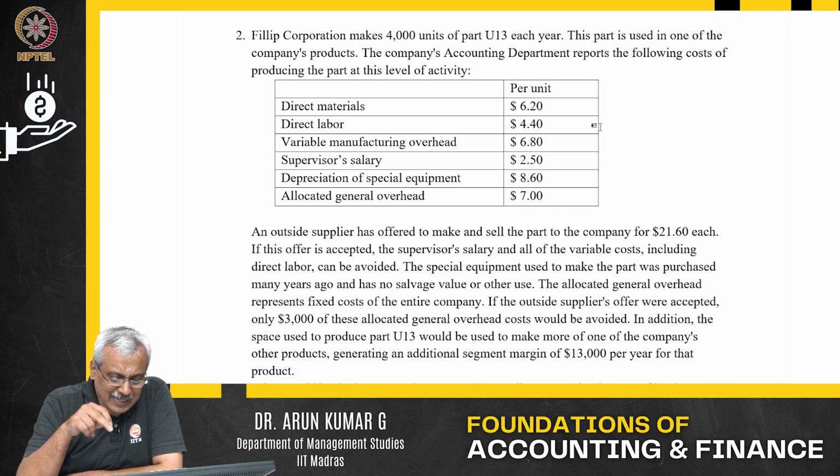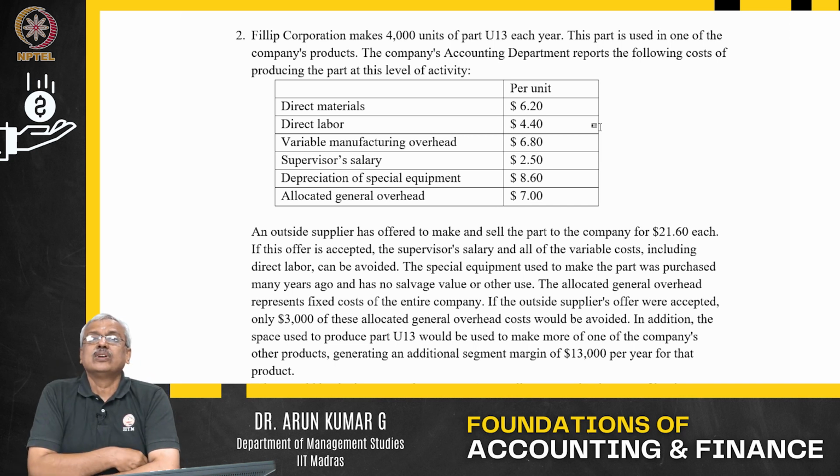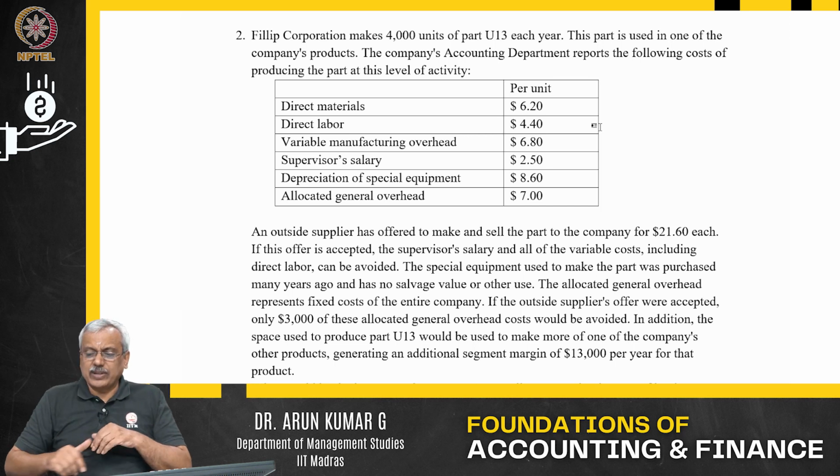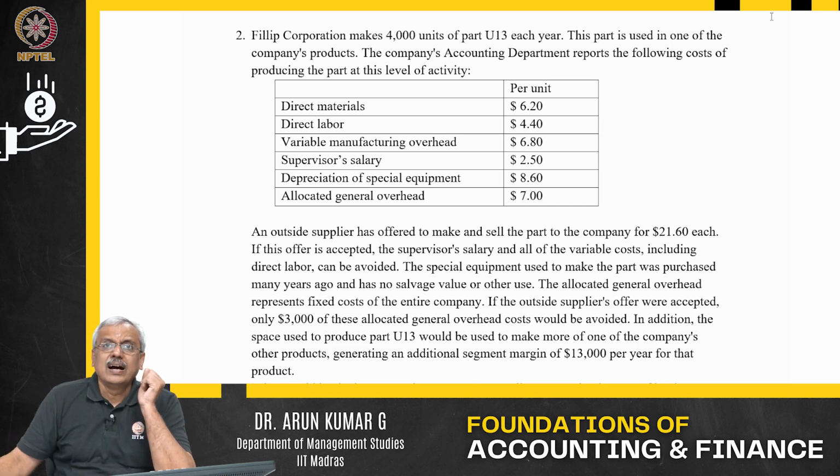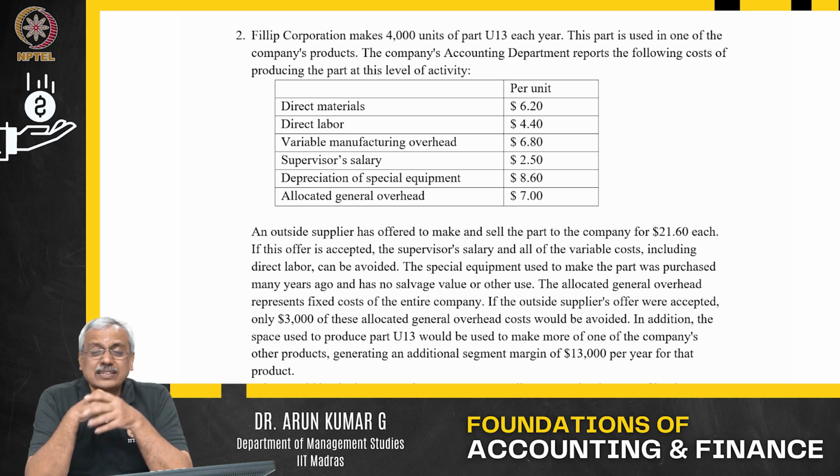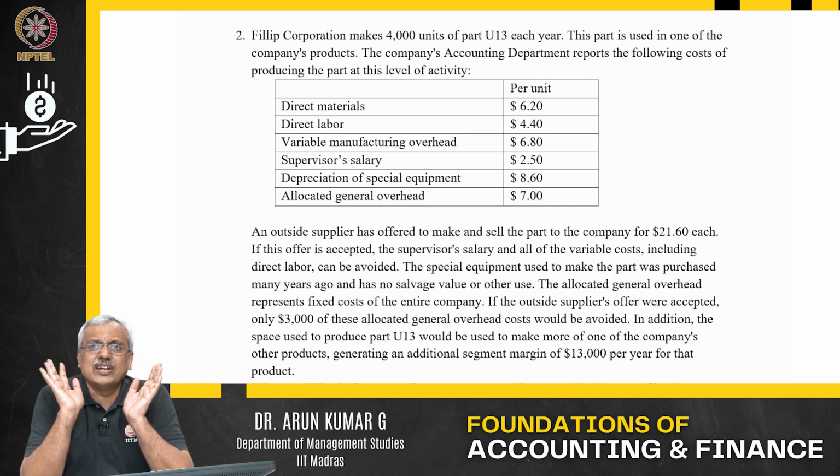Now, the special equipment used to make the part was purchased many years ago and has no salvage value or other use. That means I have purchased a machinery. This machinery has no use, I cannot dispose of it, and it has no salvage value. So, what is happening?